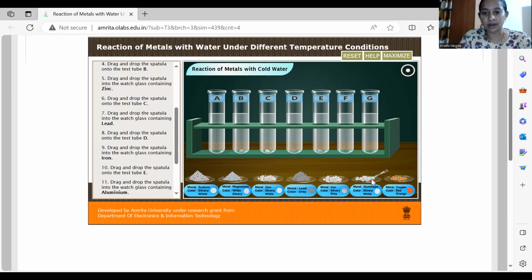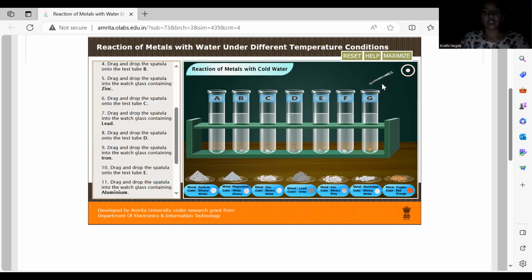Aluminium, silvery white. Putting it into test tube F. No reaction again. Copper, red orange. Adding it to test tube G.